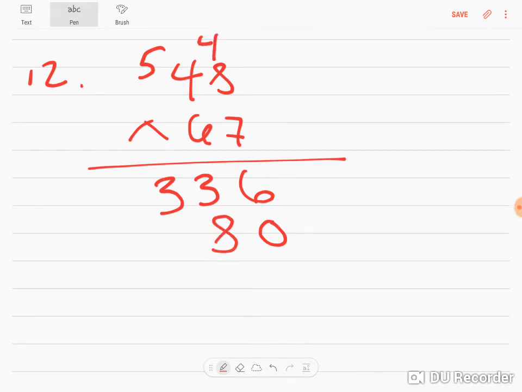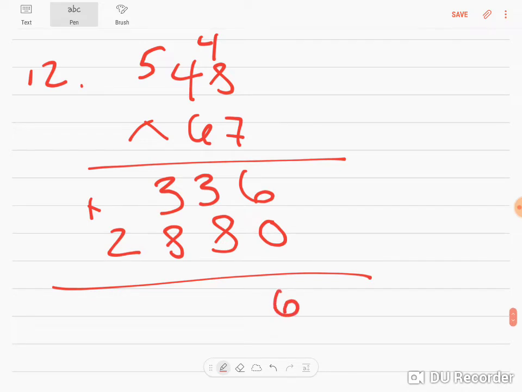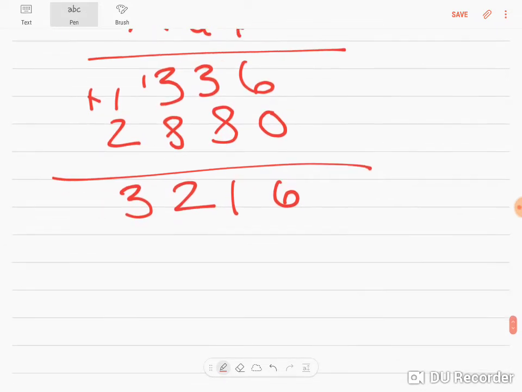Put the 4 there. 6 times 4 is 24. Plus 4 is 28. I'm going to add that up. That's 6. 3 plus 8 is 11. Carry the 1. 3 plus 8 is 11. Plus 1 is 12. Carry the 1. 3. 3,216.